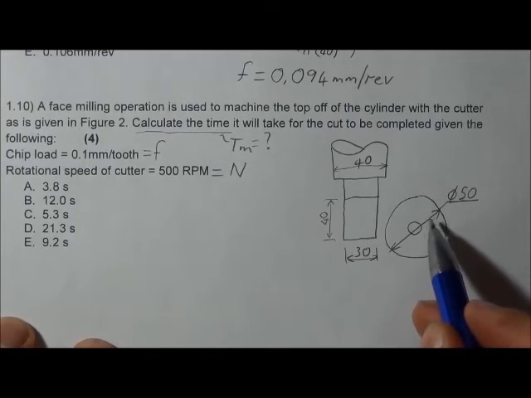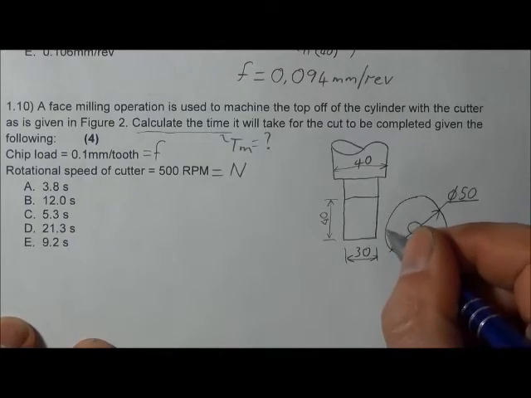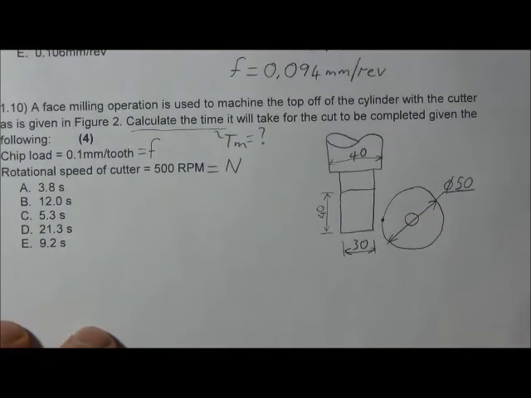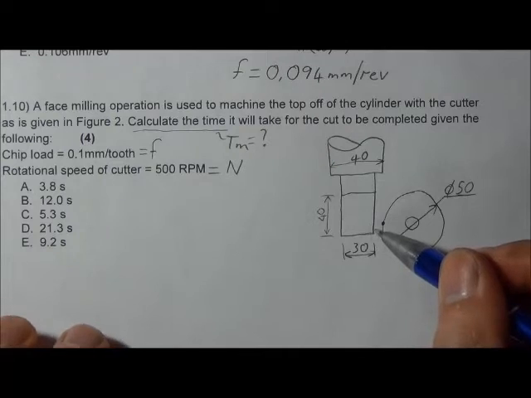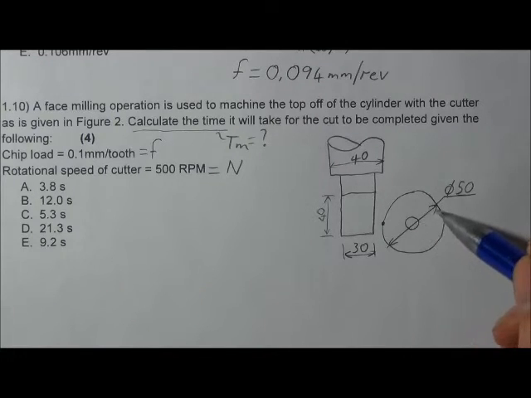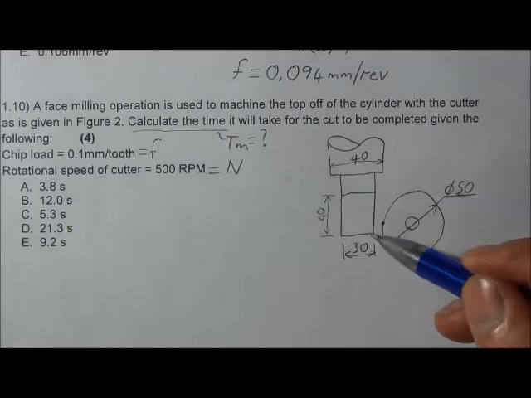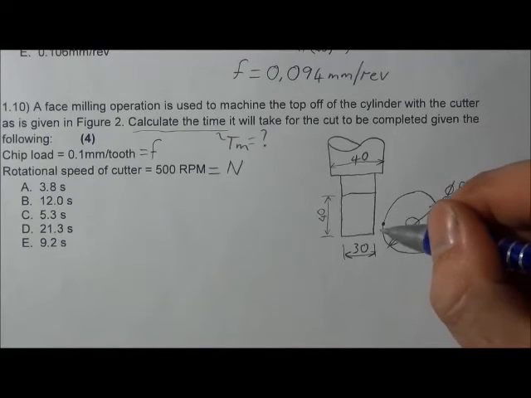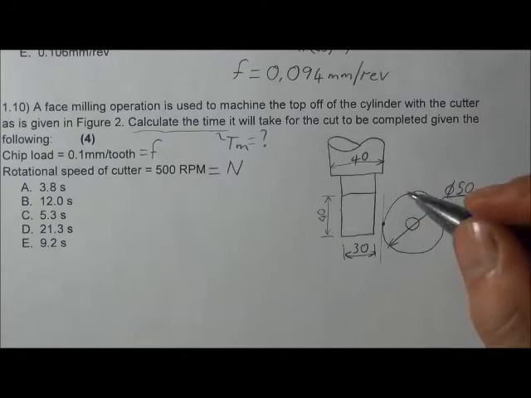So as this cutter approaches the work part, the first point of contact will be somewhere there, 15 millimeters from the bottom, because this radius is 25 and that is 40. First point of contact is on the outside edge over there.